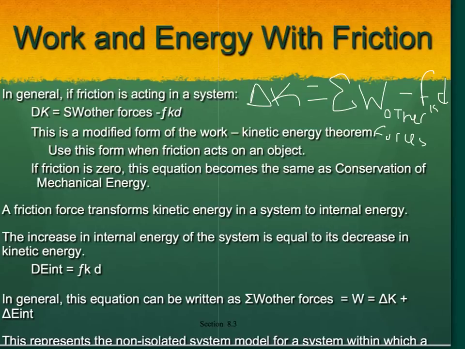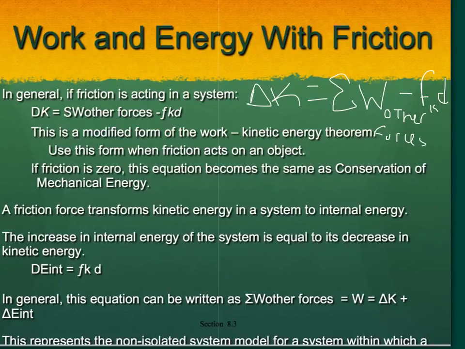We know that a friction force is going to transform kinetic energy into internal energy. Remember when we talked about sliding a book, or sliding anything really, across a surface, we feel something on our hand, or we feel a change in temperature. So that friction force is transforming kinetic energy into internal energy.